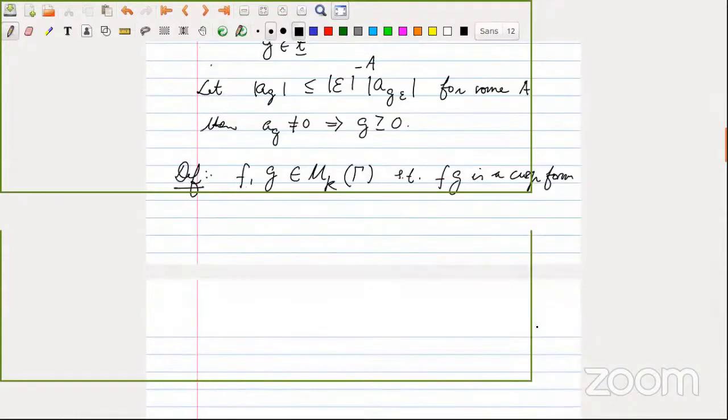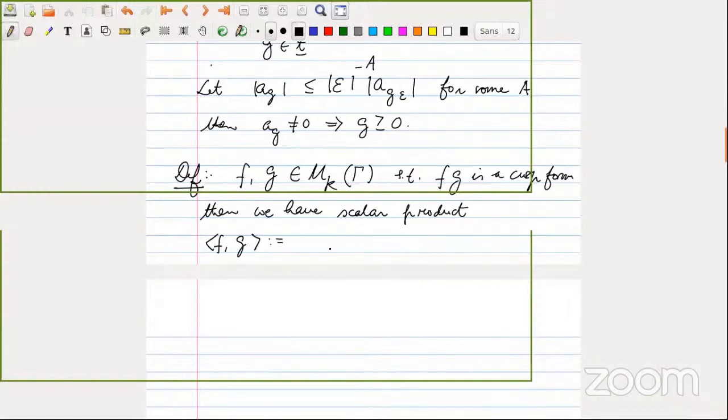Then we have the scalar product of f and g.